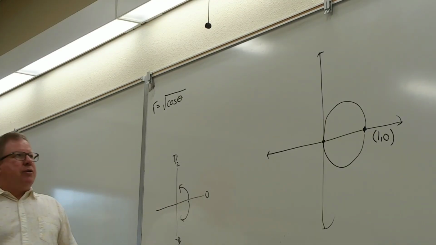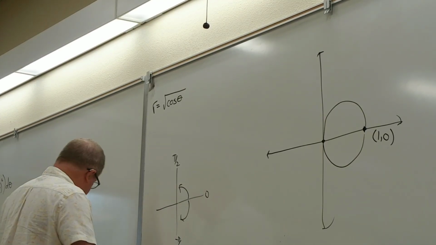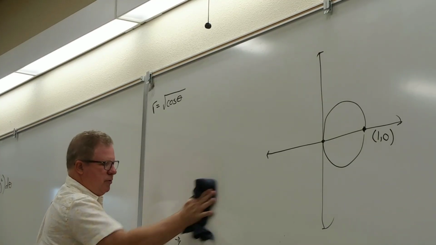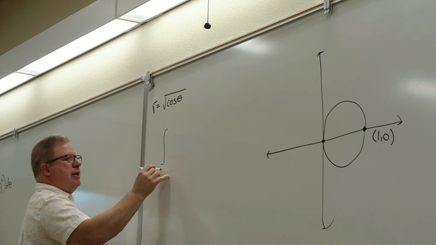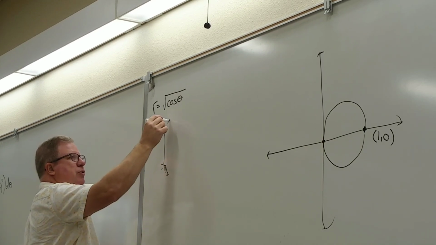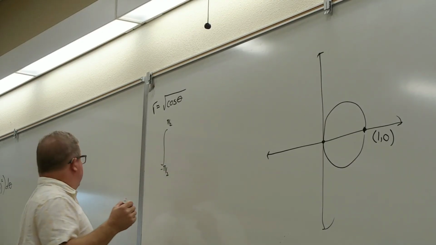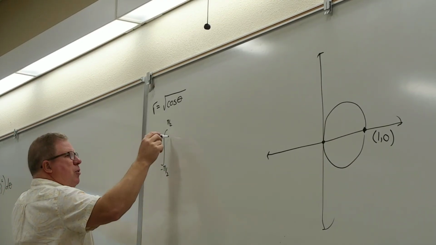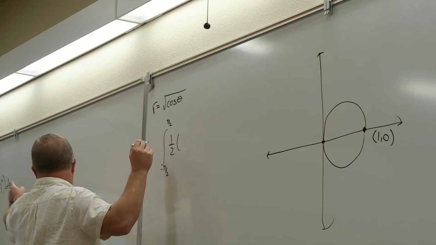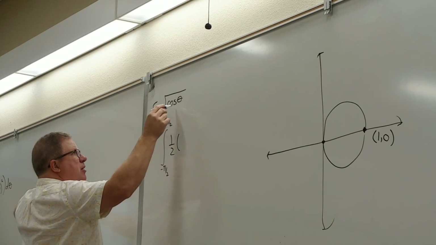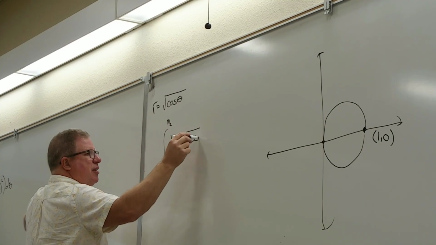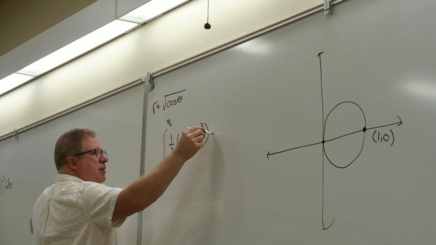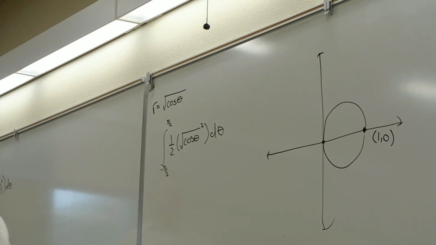All right? So our bounds are going to be negative pi over 2 to pi over 2. Now our area, 1/2 times f of theta squared, r is f of theta, square root cosine theta squared d theta. That is our integral.